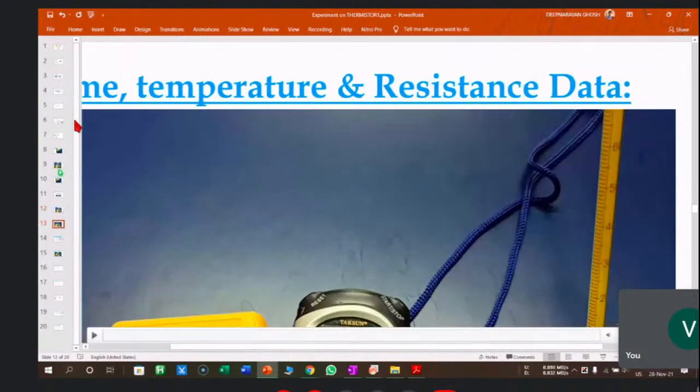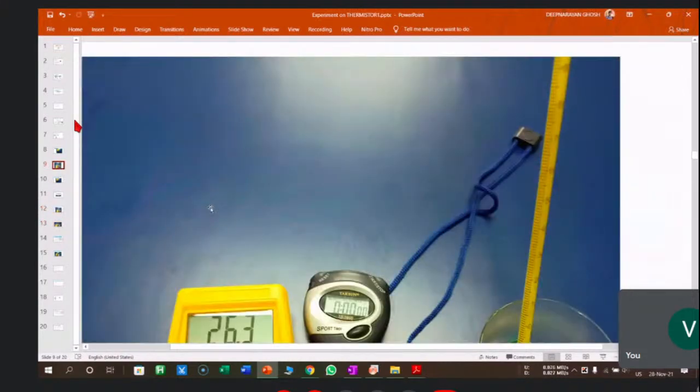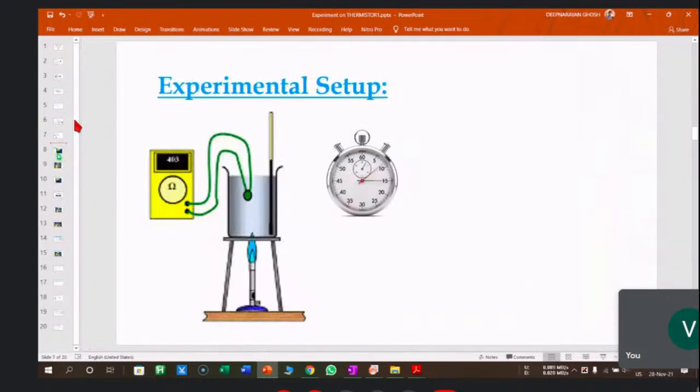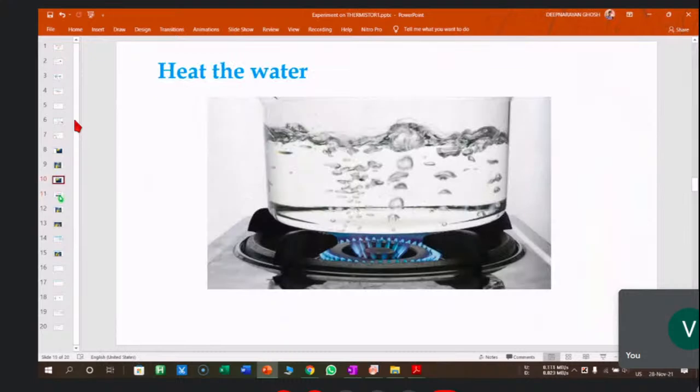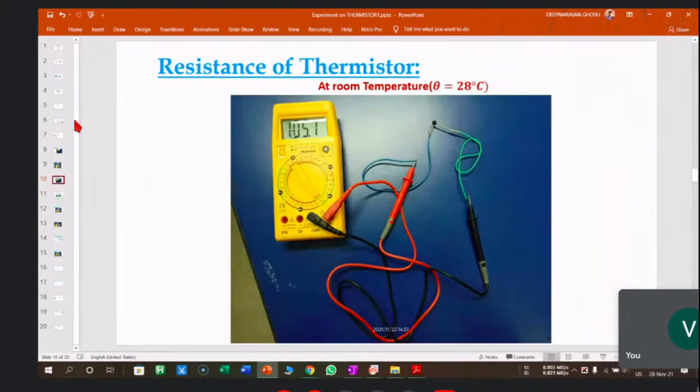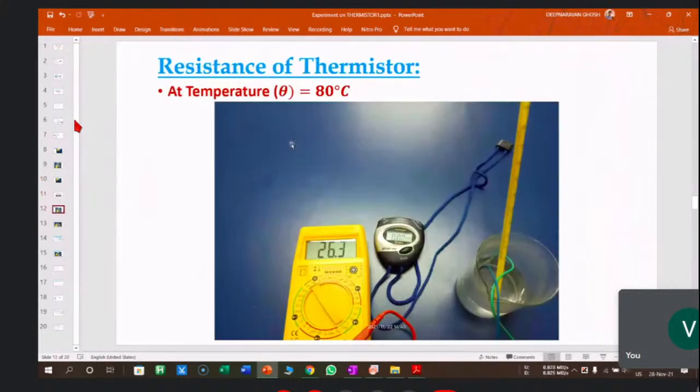At room temperature, the resistance was 105 ohm, and at 80 degree temperature, the resistance is 26.3 ohm.